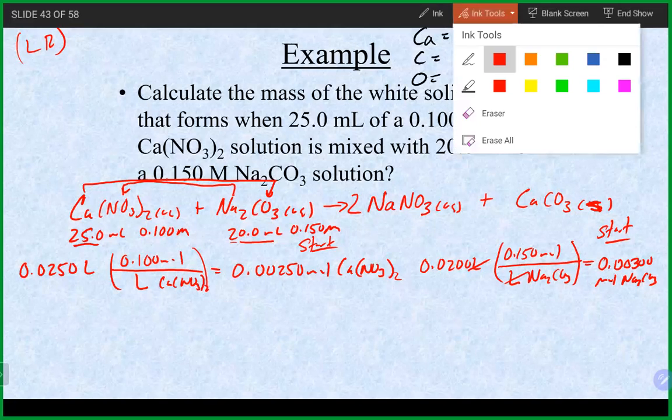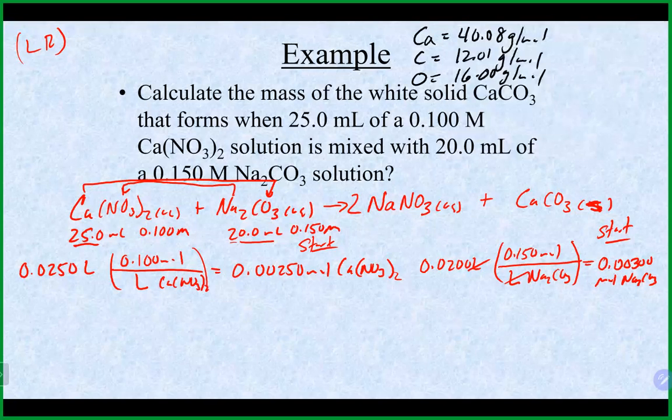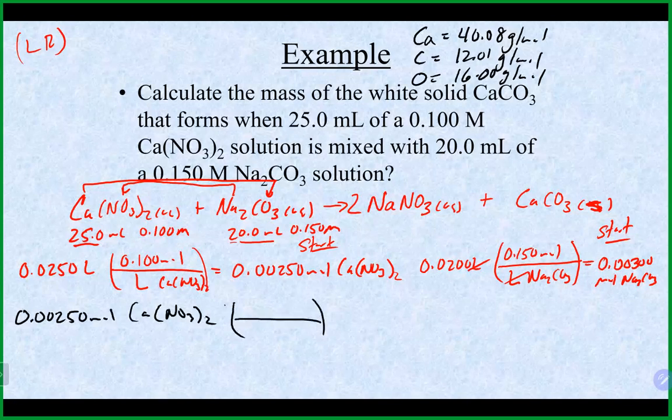You cannot make that determination, by the way, from these two values. You actually have to do a calculation to make that determination. So I'm going to choose calcium nitrate here, 0.0025 moles of calcium nitrate. And I want to use up all that calcium nitrate. So I want to see how much of the sodium carbonate I need. It is a 1-to-1 relationship from the equation.